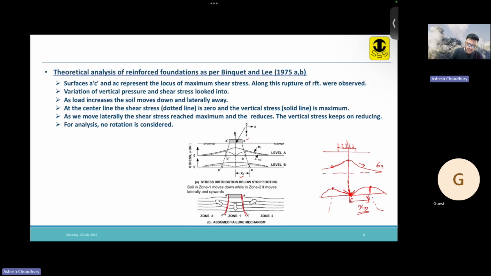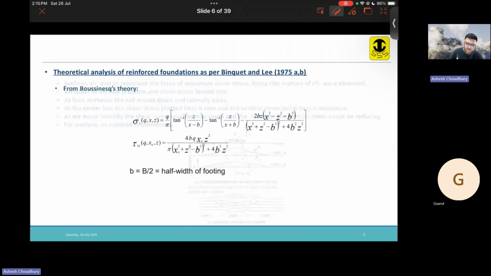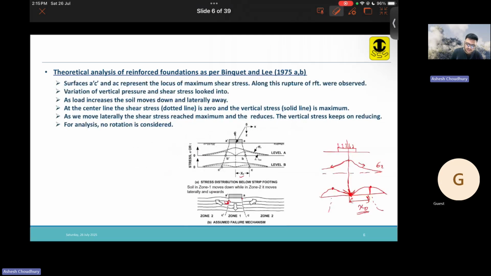So these are those lines, A prime, C prime, and AC. Along these lines, there are chances of rupture of the reinforcement. That is, at the points at which the shear stresses are maximum, there are high chances for the reinforcement to rupture.